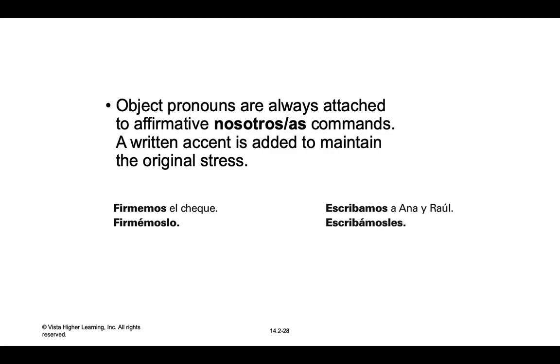The object pronoun lo or les gets attached to the nosotros command, and you have to place an accent. Firmemos el cheque, firmémoslo. Lo is el cheque. Escribamos a Ana y Raúl, escribámosles.